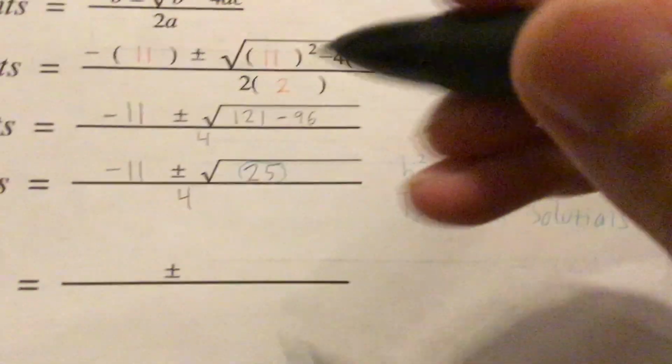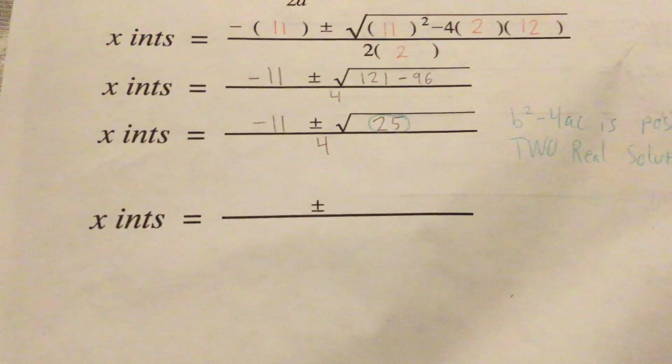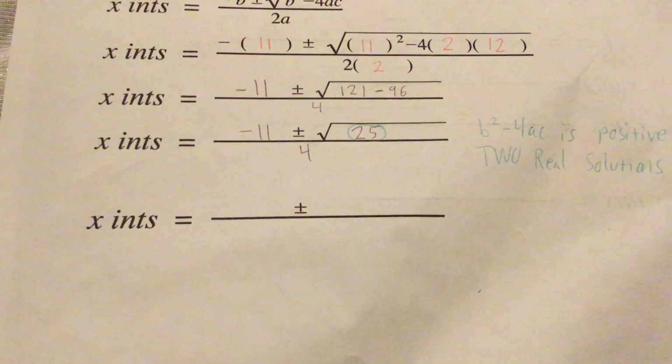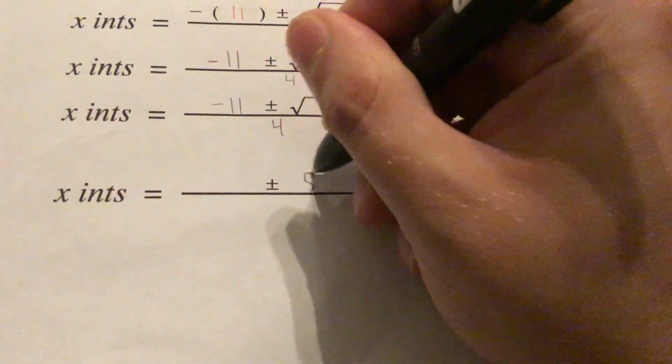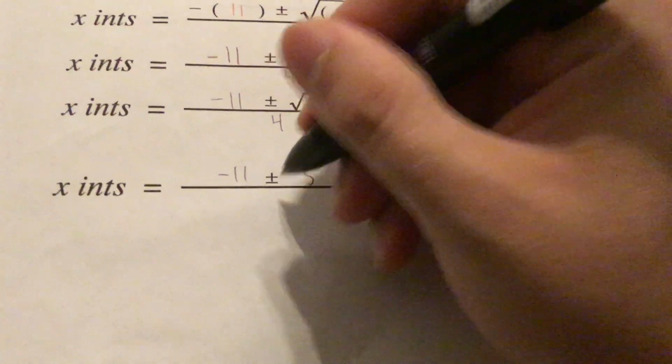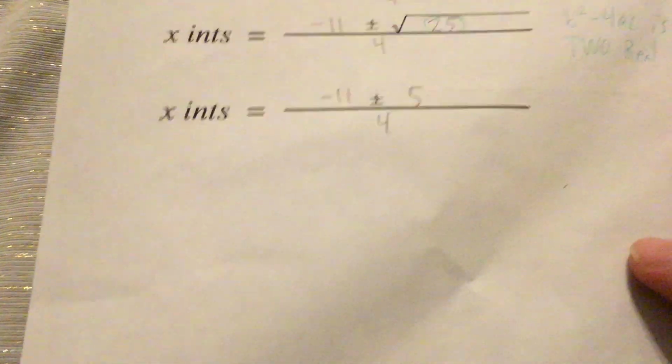So there will be an x1 and an x2. Okay, so now we've got negative 11 plus or minus the square root of 25 over 4. Well, now we know what the square root of 25 is. That's going to be 5. So we've got negative 11 plus or minus 5 over 4. So that's where the x1 and the x2 come from.